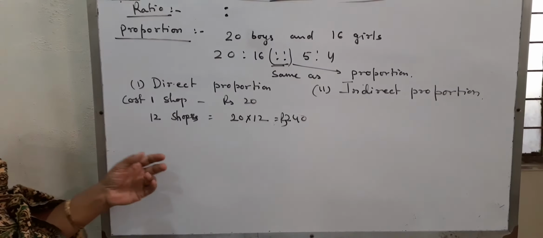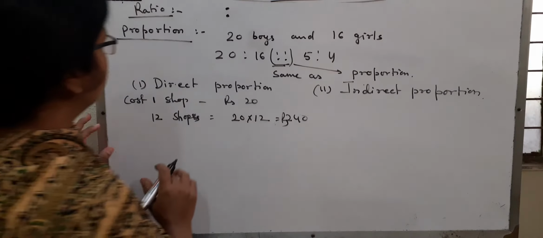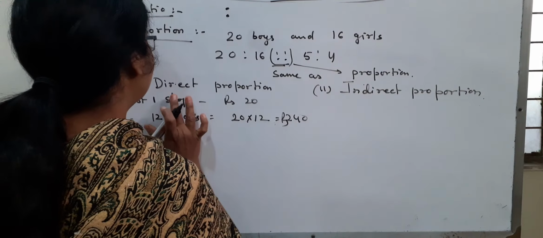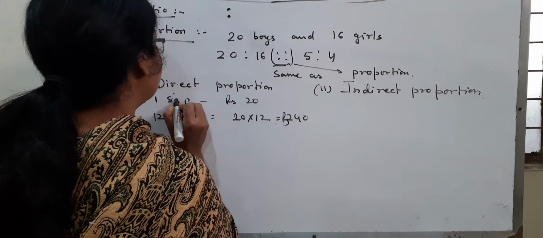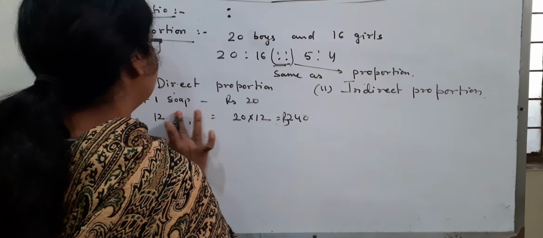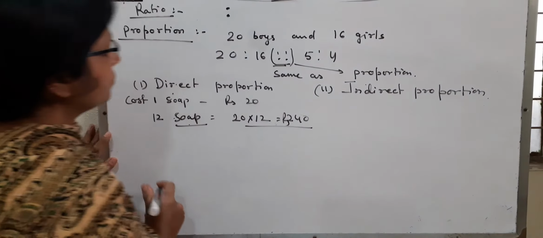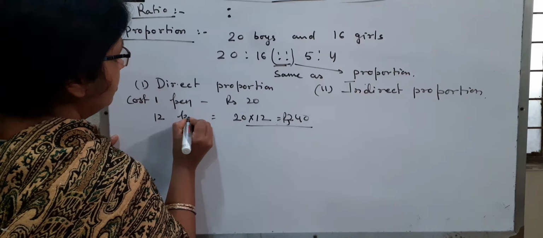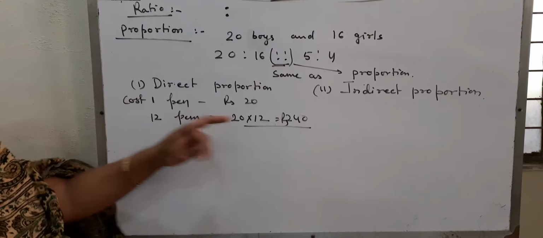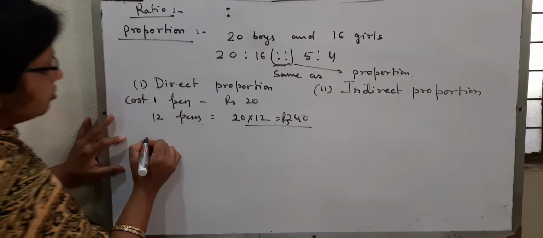This is direct proportion. The same goes for the cost of a pen. So we use the formula of direct proportion.